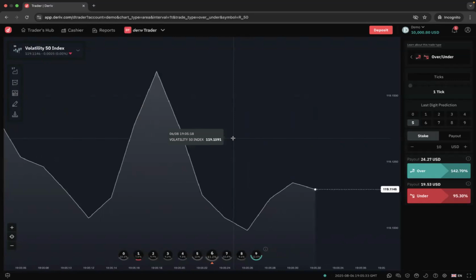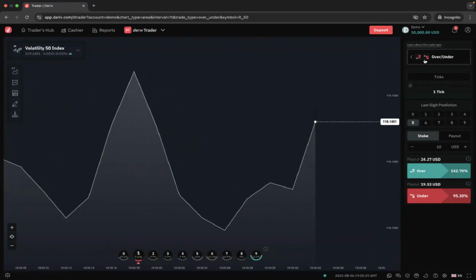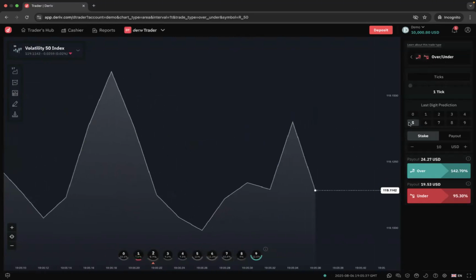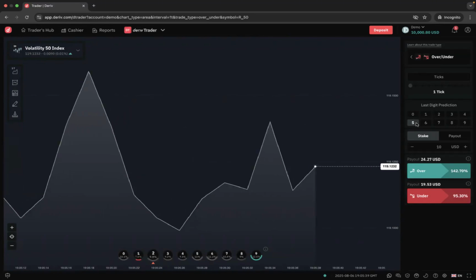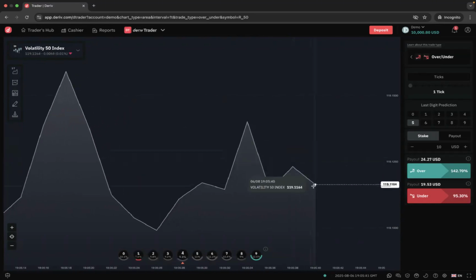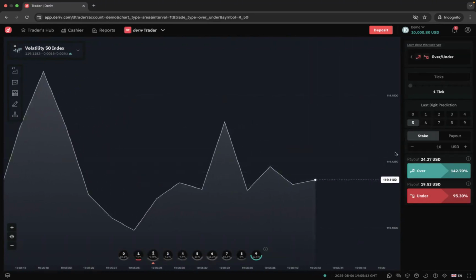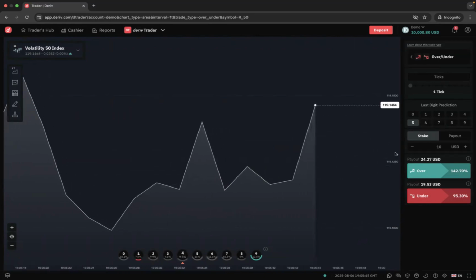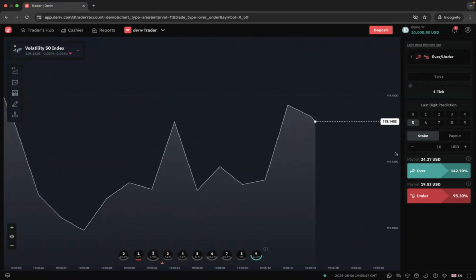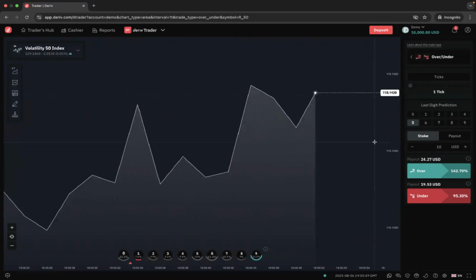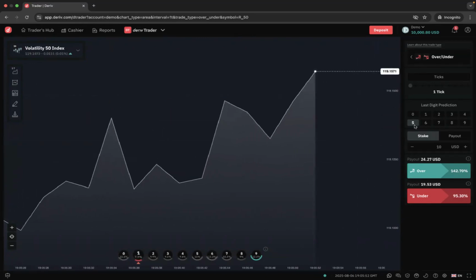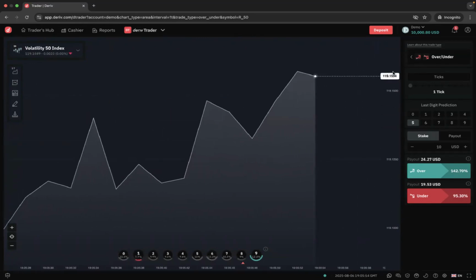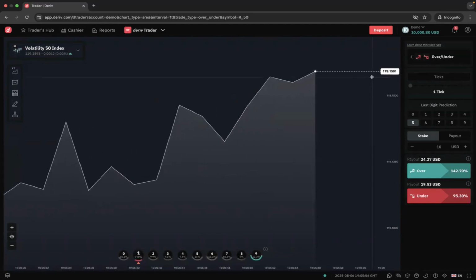For instance, I am trading over under and I've selected the mode over five. If you're someone who's new or someone who's been trading options at Deriv, what you would possibly do is wait for the last digit to land on non-winning digits.